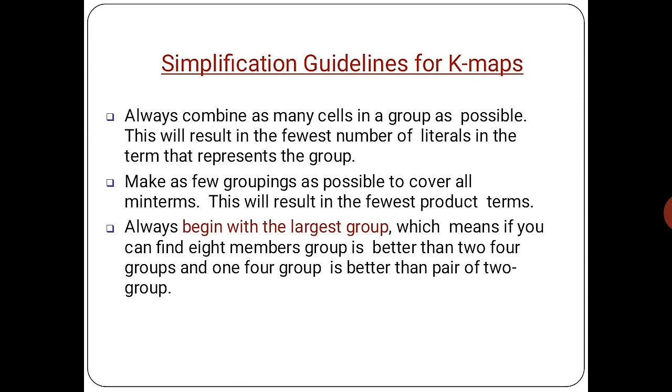If there is no chance for a quad either, only then do we come for the pair, grouping 2 adjacent cells. If we cannot group at all, we leave it as a non-grouped min term or max term.